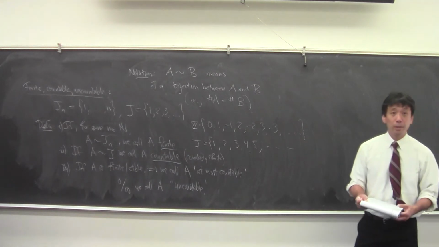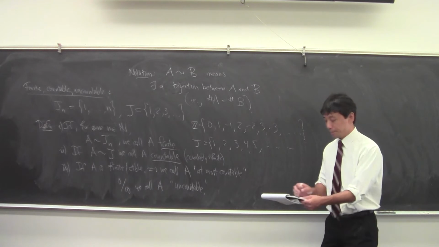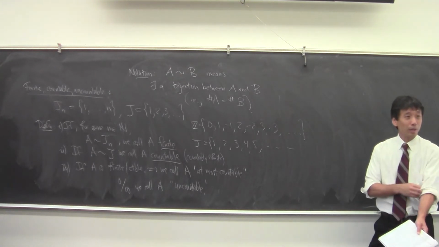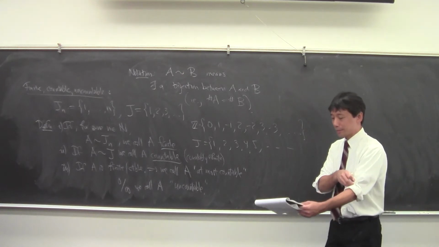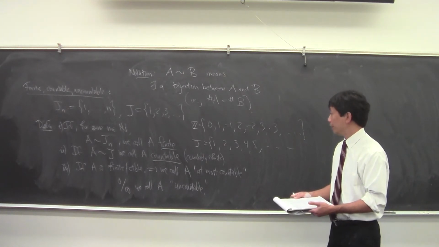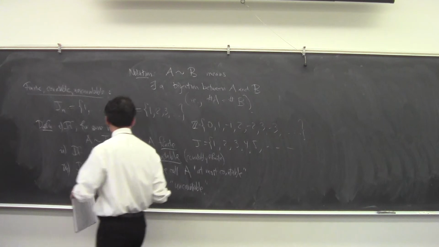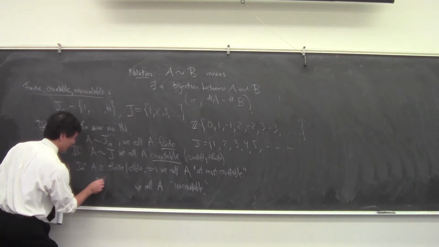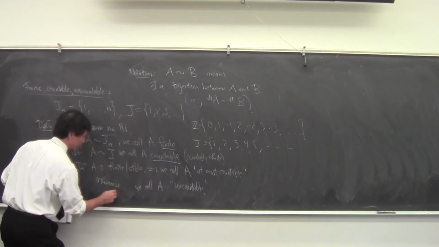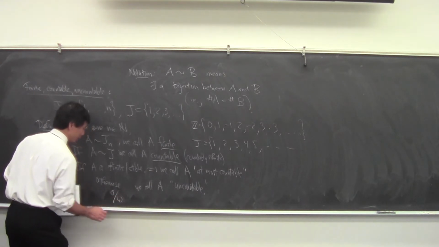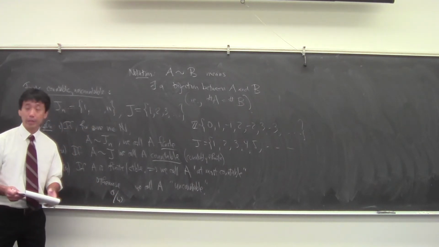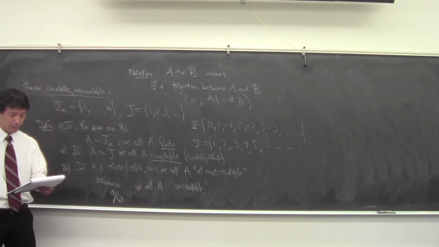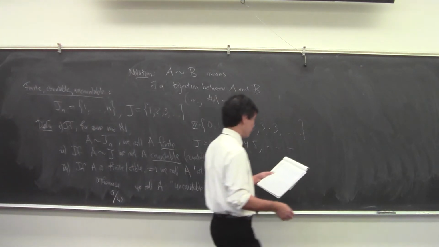Okay. So, otherwise, which I always abbreviate O over W, we call A uncountable or uncountably infinite.